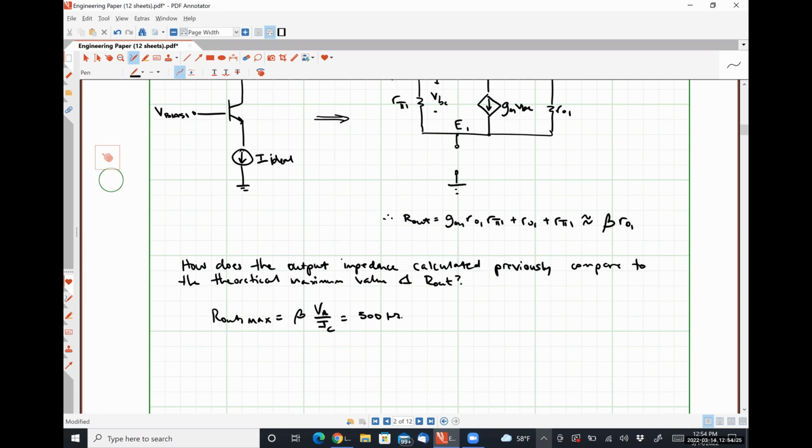So if we had chosen transistors with an early voltage of 50 volts as opposed to 5 volts, we would see that we're operating at about 90% of the maximum value that our output voltage, or excuse me, output resistance could ever have. Okay, so there are ways to maximize our system.